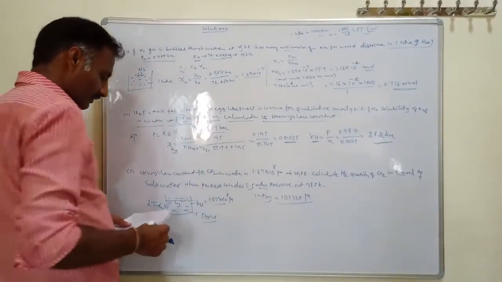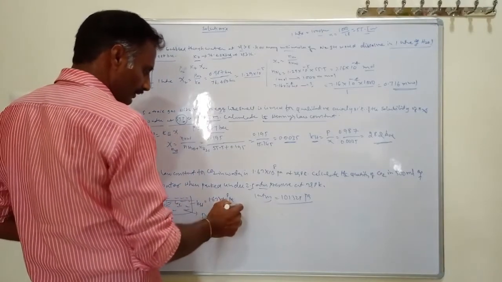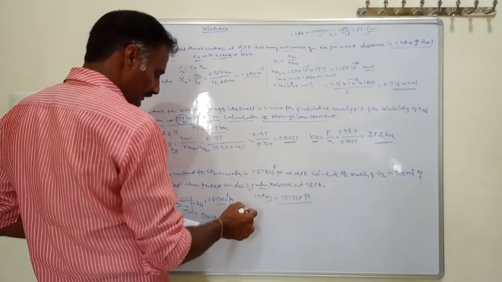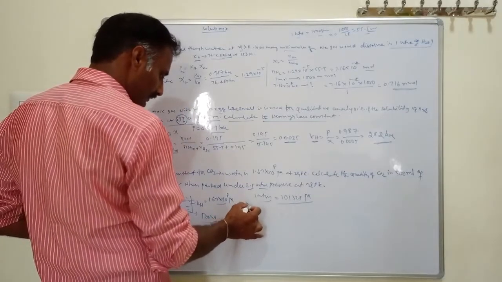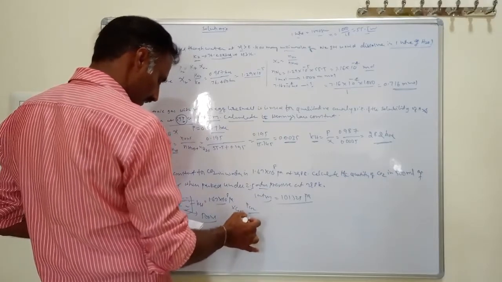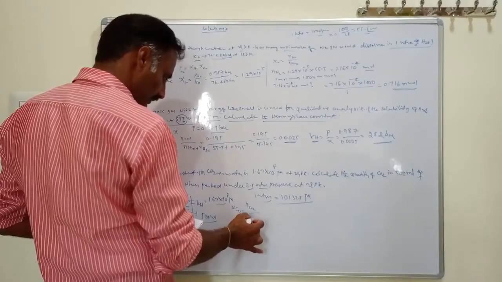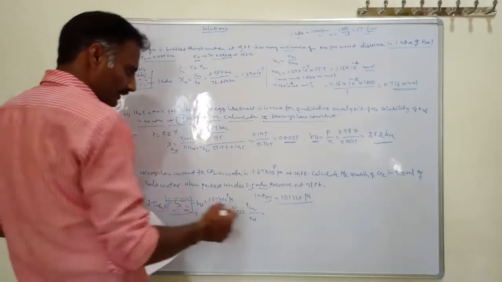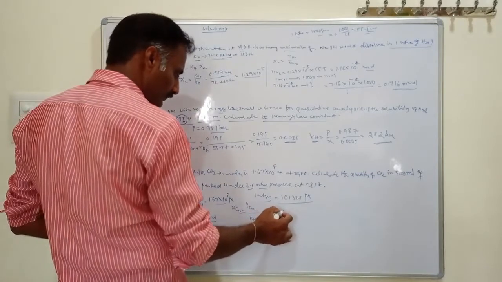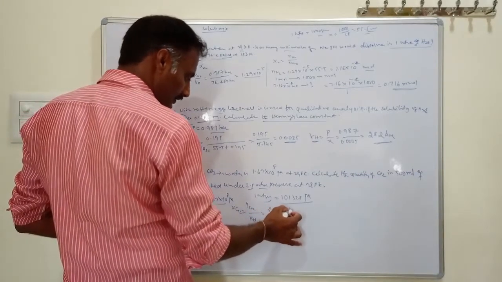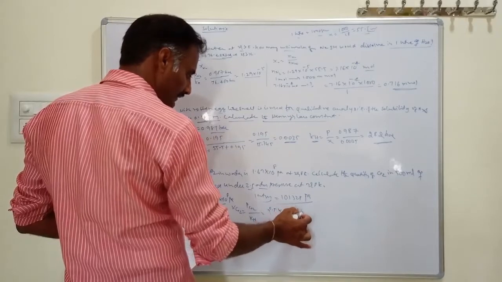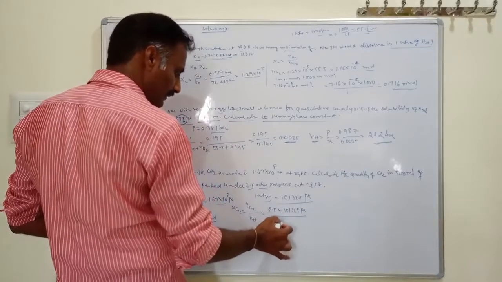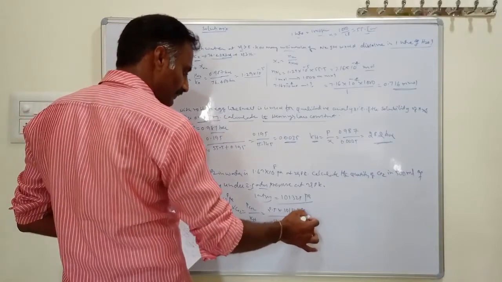Then you find out the mole fraction of CO2. Mole fraction of CO2 equals the partial pressure of CO2 divided by Kh. The pressure is given as 2.5 atmospheres, so 2.5 multiplied by 101,325 pascals, converted to pascals, divided by the Kh value 1.67 into 10 to the power of 8.